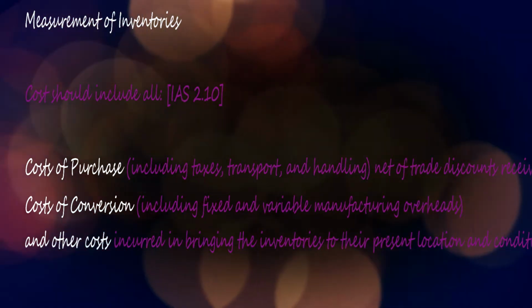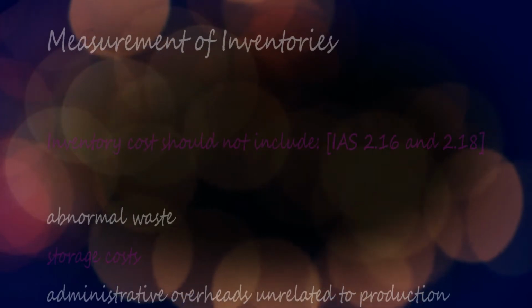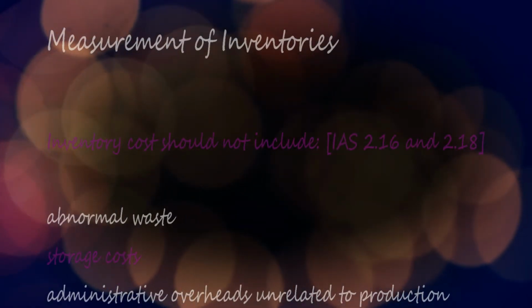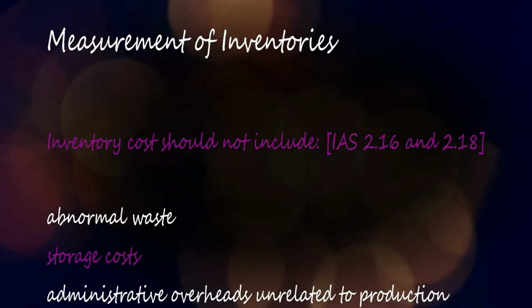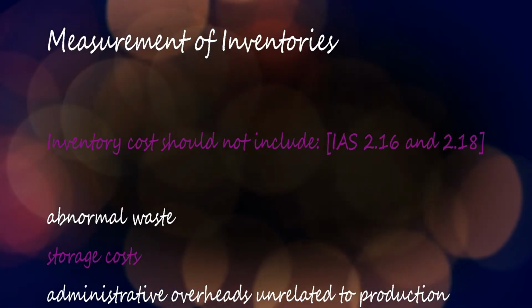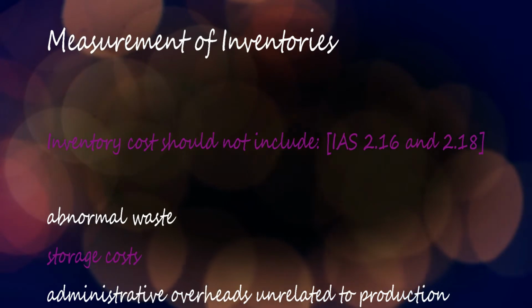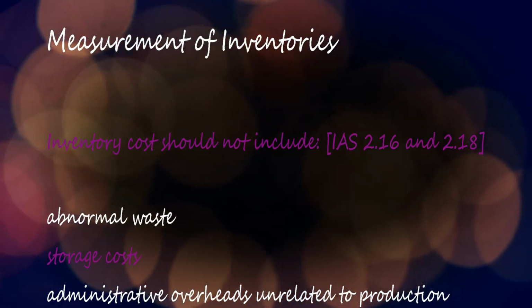Inventory cost should not include abnormal waste, storage cost, administrative overheads unrelated to production, selling cost, and foreign exchange differences. Interest costs when inventories are purchased with deferred settlement terms are normally not included in inventory costs.